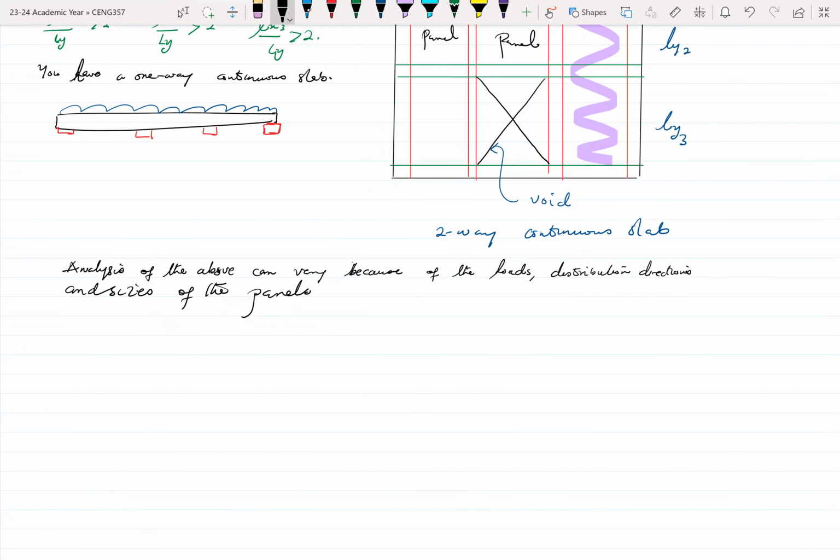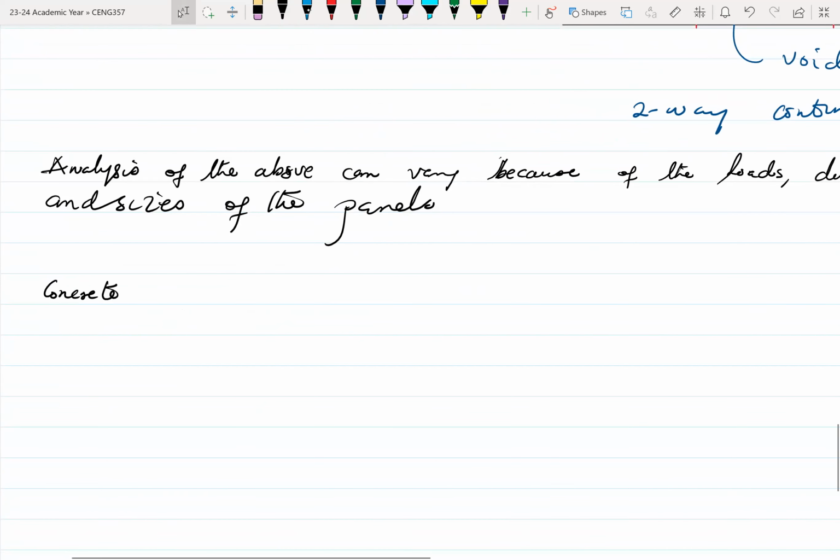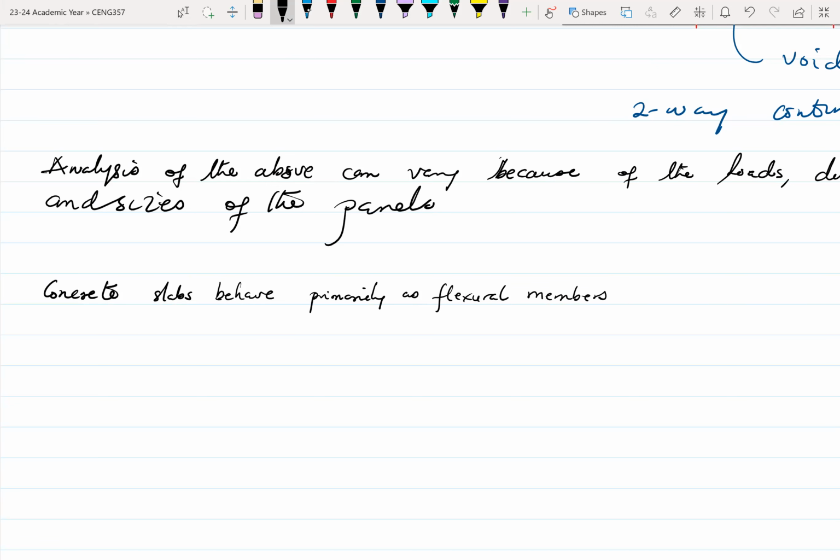So, concrete slabs behave primarily as flexural beams. All right. So just like beams, design is similar to beams. Okay.